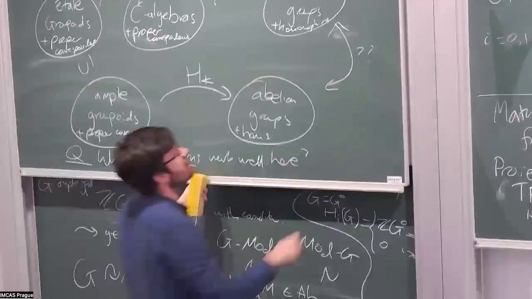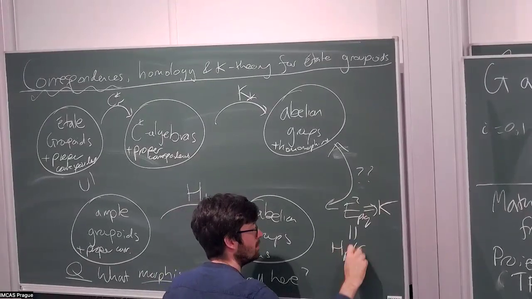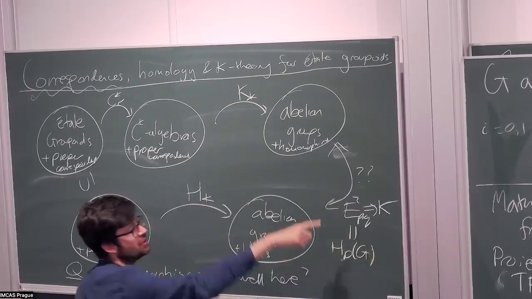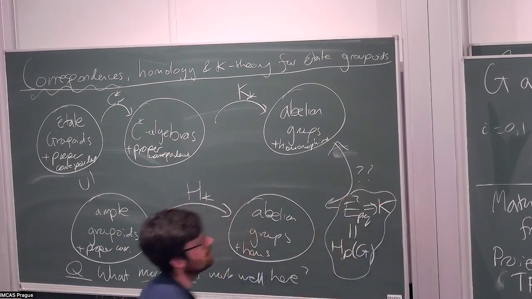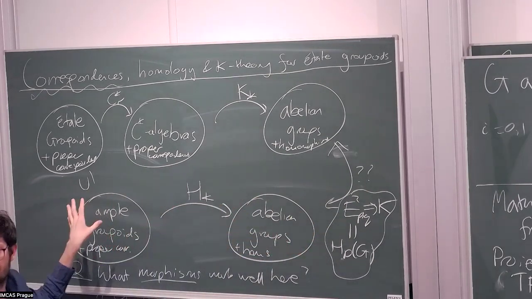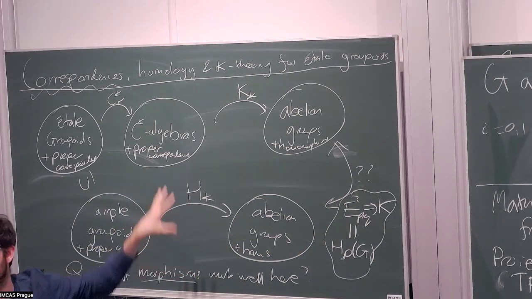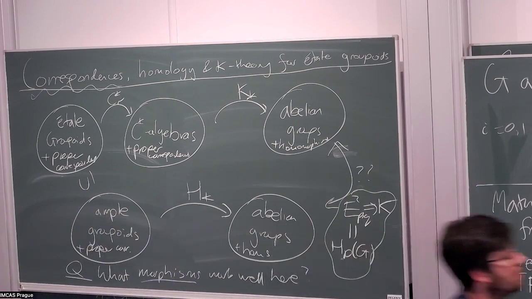The real relationship is you've got some spectral sequence converging to the K theory, and this is like the homology here. This is the actual relationship that's going on. And what I do is I make this functorial with respect to correspondences. So it provides a natural transformation from homology to K theory in some sense.